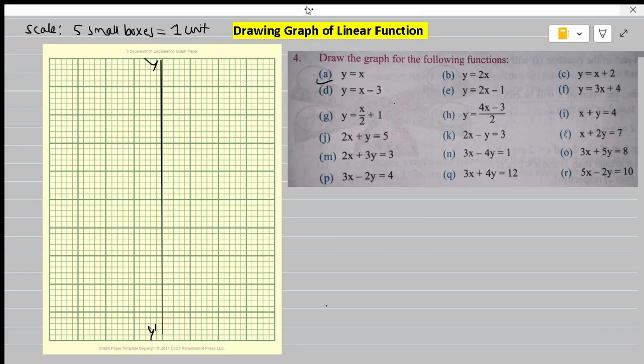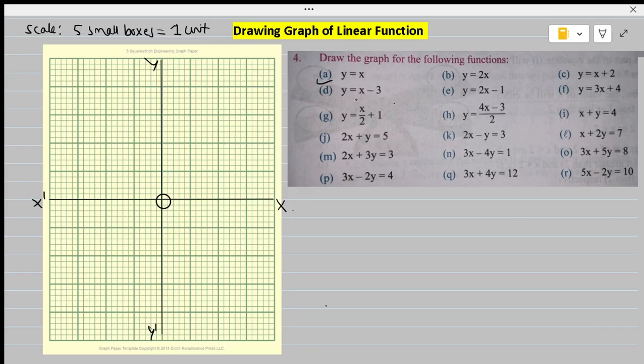Next I'm taking a horizontal line perpendicular to the y-axis, that is the x-axis, and we represent this by x dash. Their intersection is the origin. Okay, now let's go with that first line, y equal to x.